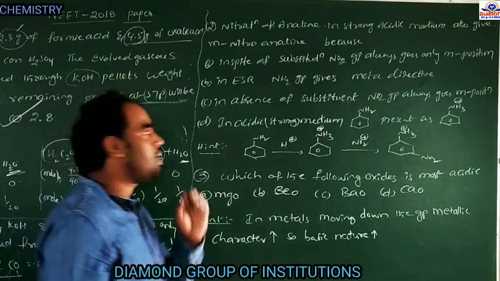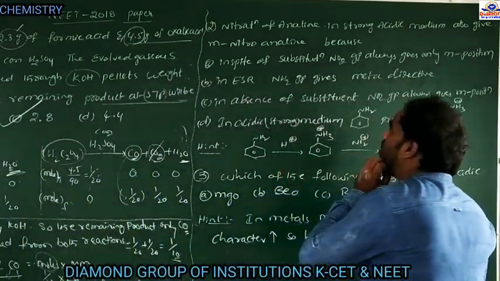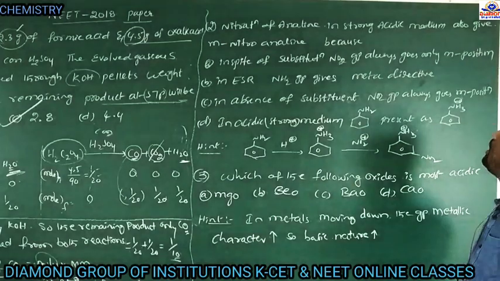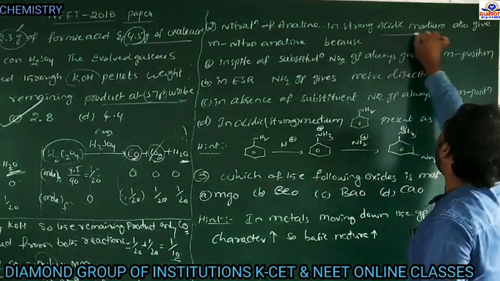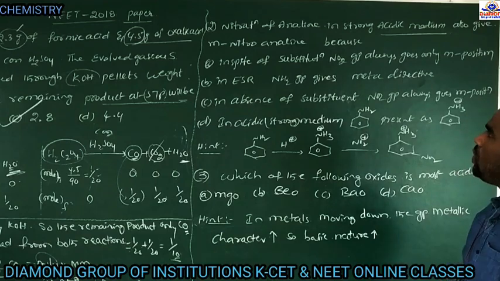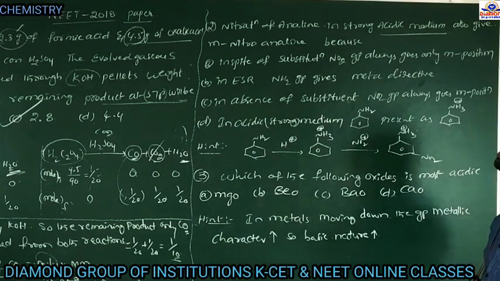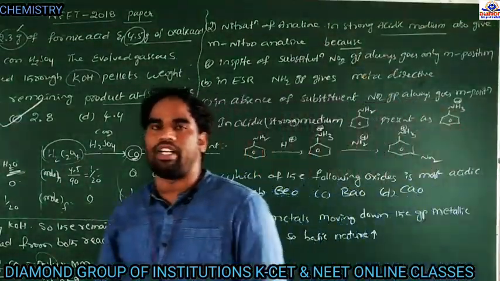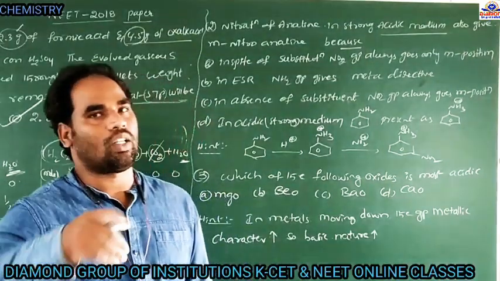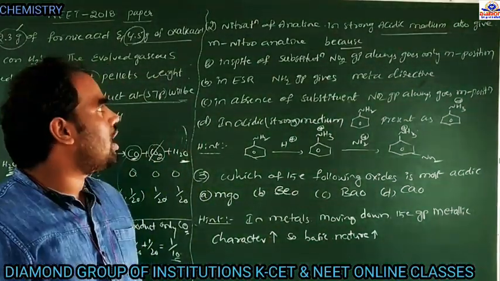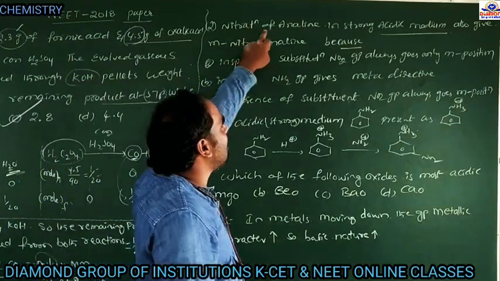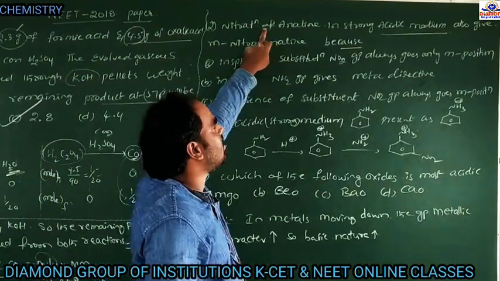Next, question number 2. Nitration of aniline in strong acidic medium gives metanitroaniline. What is the reason? If aniline undergoes nitration, we expect ortho-substituted or para-substituted nitroaniline. But here, nitration of aniline in strong acidic medium gives metanitroaniline.